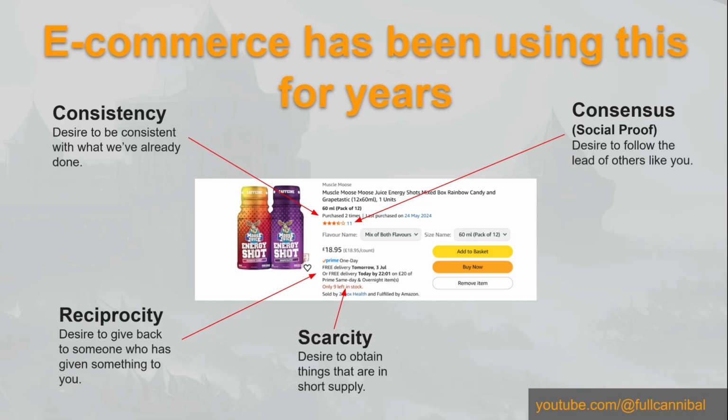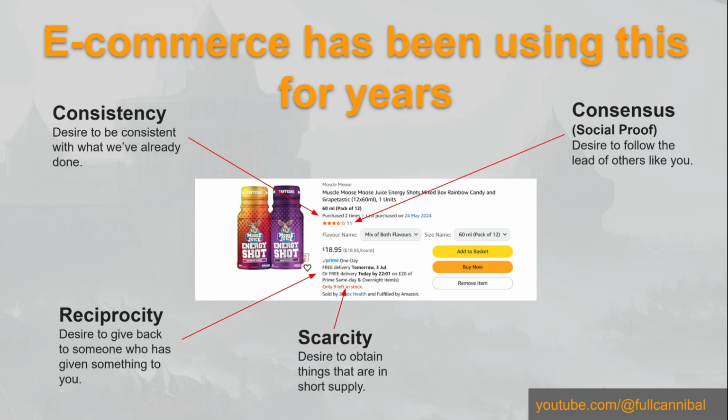Here's just an example of Amazon, so you can see this thing where several of these methods are being used on a single page. So you've got consistency: hey, I purchased this twice before. Consensus, social proof: I got the 5-star rating from 11 people, or for this one it's 3.5 stars.